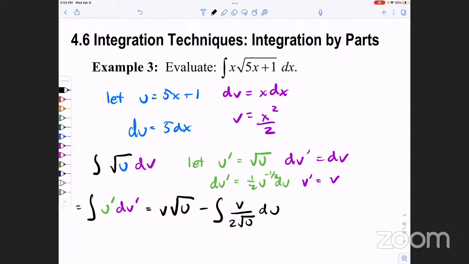Let me see, what's our v? What's our u? And what's our du? Maybe we can make our substitutions here and we might be okay. Let's keep going. Let's make our substitutions here and see, because it's trying to integrate that guy.